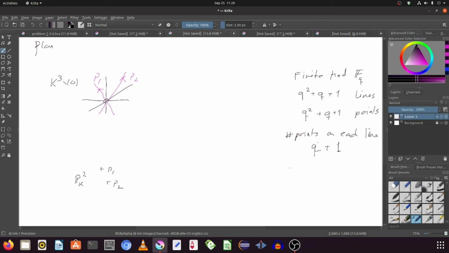So it's a projective space. All lines intersect. So that was the geometry.